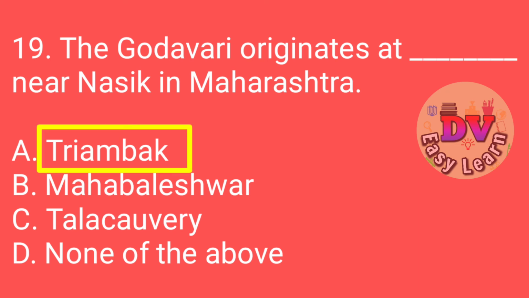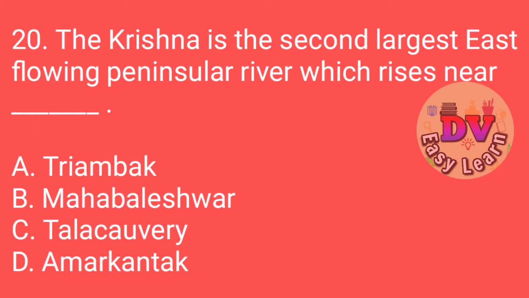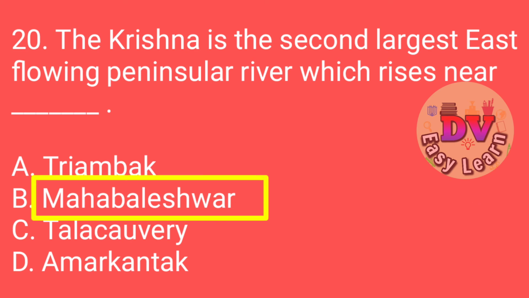Correct answer: Trayambak. Question number 20. The Krishna is the second largest east flowing peninsular river which rises near. Correct answer: Mahabaleshwar.